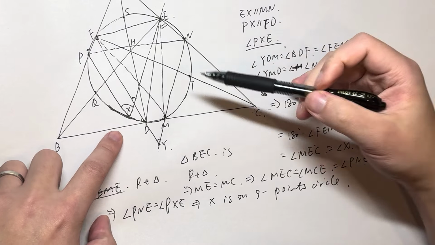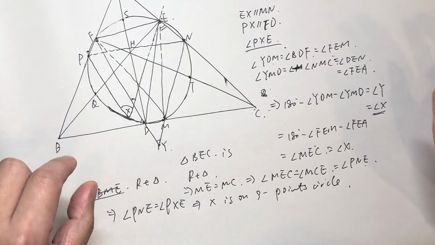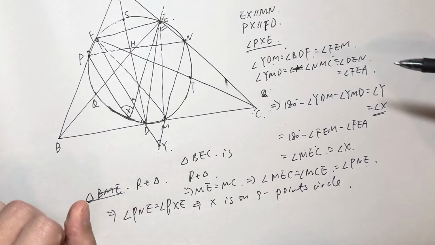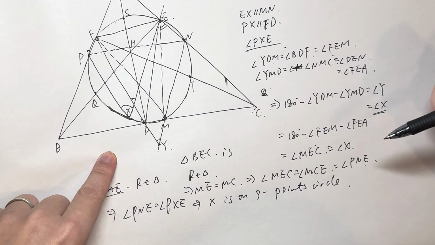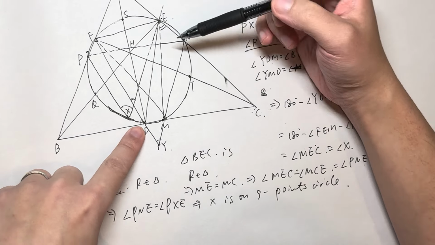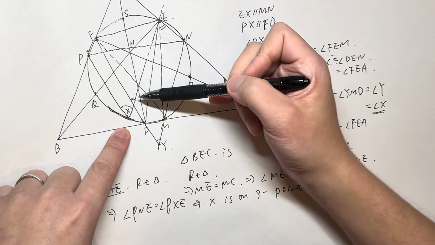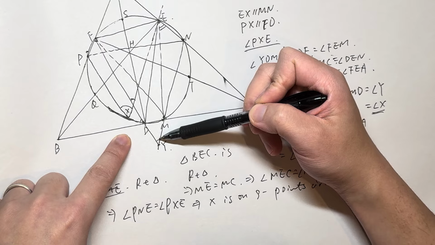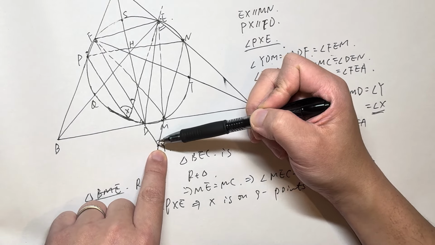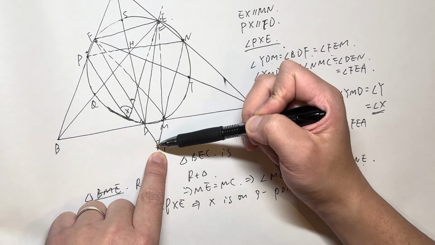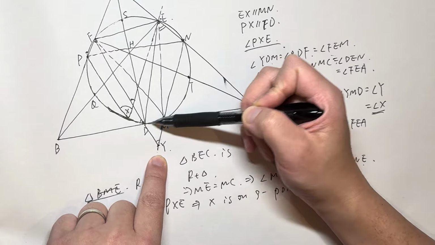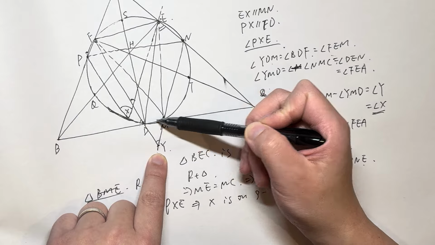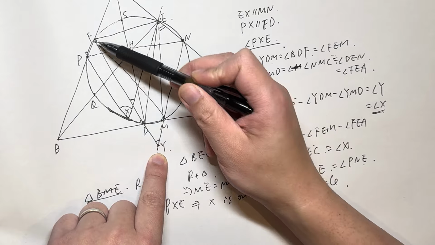Okay, yeah, the figure is not what I drew when I prepared for this problem, so it took me a little longer to derive this one. So let's review it again. Because we already know all of these parallel lines, we know that angle X equals angle Y, right? And what is angle Y? Angle Y is 180 degrees minus angle YDM minus angle YMD. Then I derived that the angle YDM equals angle BDF.